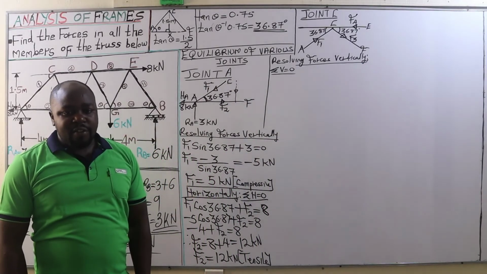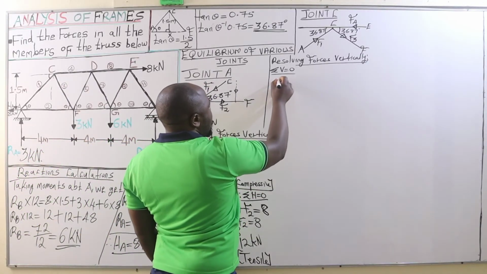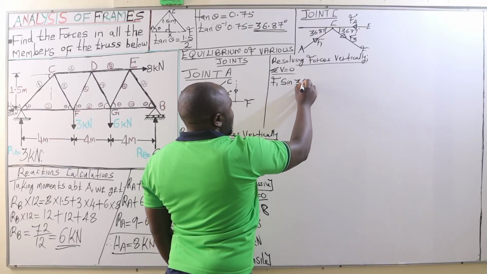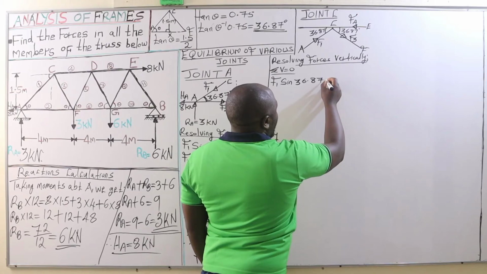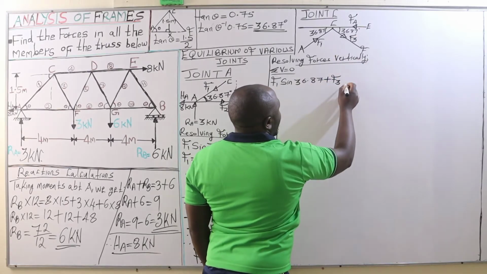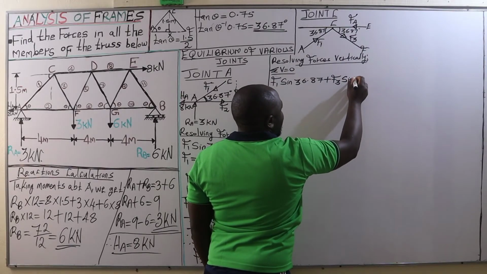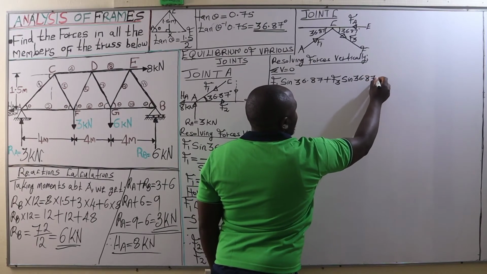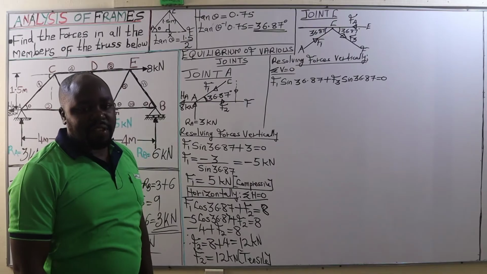Now, we are going to have the following: F1 sine 36.87 plus F3, this is F3 multiplied by the sine of this angle, that is multiplied by sine 36.87, that is going to be 0.